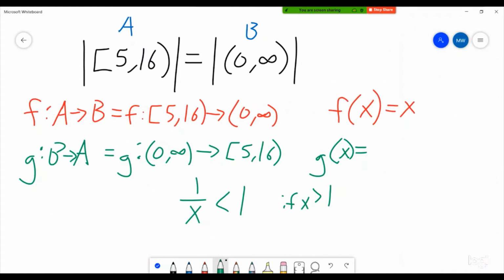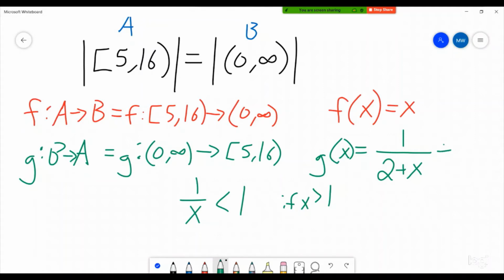But the challenge is we have that 0 thing that we're dealing with. So let's just say that we are doing 1 over 2 plus x, because then the denominator is always bigger than 2, so we're basically shrinking this down to an interval from 0 to 1/2. The problem now is 0 to 1/2 is not inside 5 to 16.